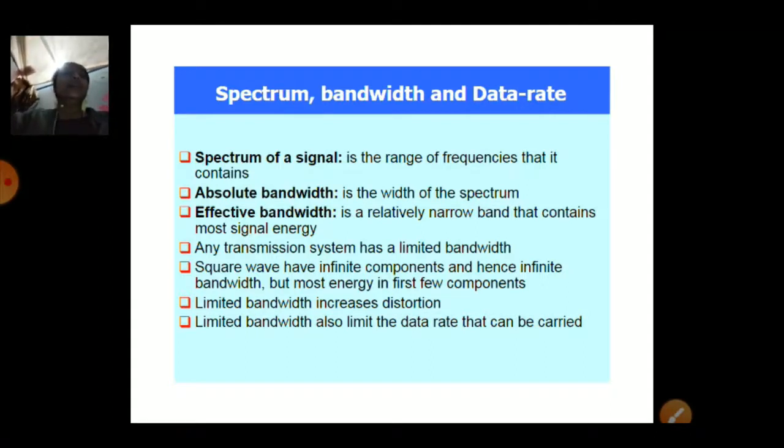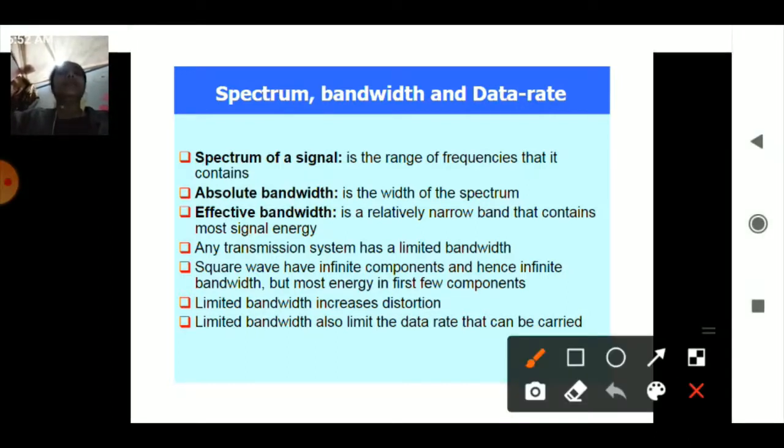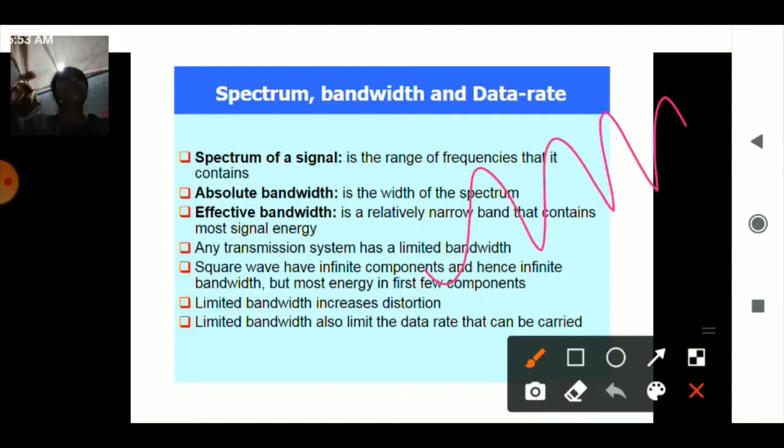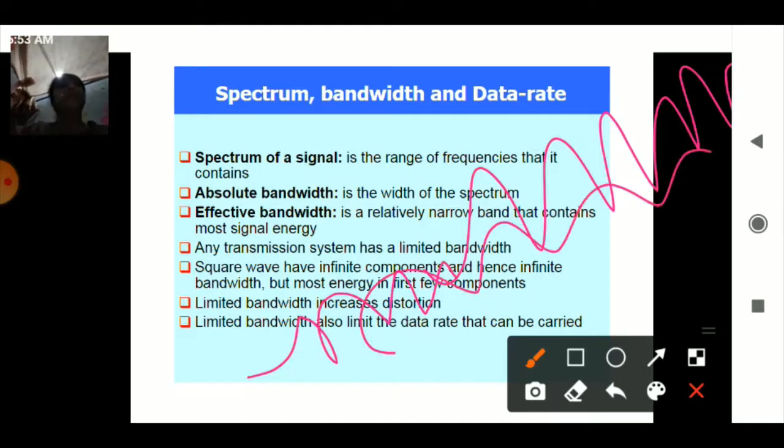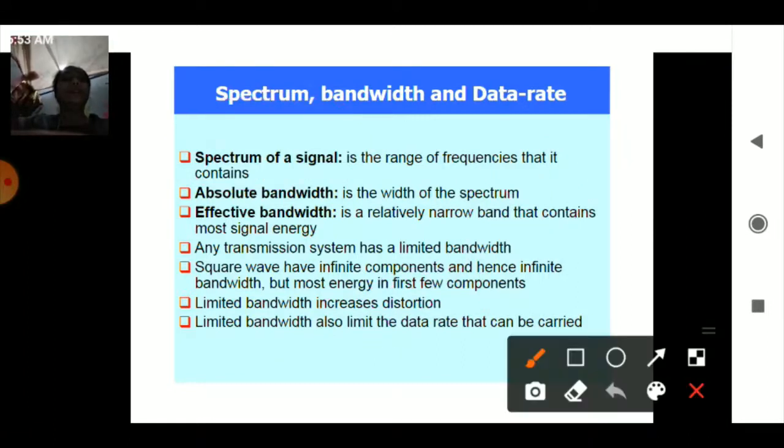And the last part, you will be learning about the spectrum or the bandwidth and data rate. Spectrum is nothing but the range of frequencies which are there. You have multiple ranges of frequencies down and up, and other signals in between. That is said to be your spectrum of signal. It has two types, absolute bandwidth and effective bandwidth.